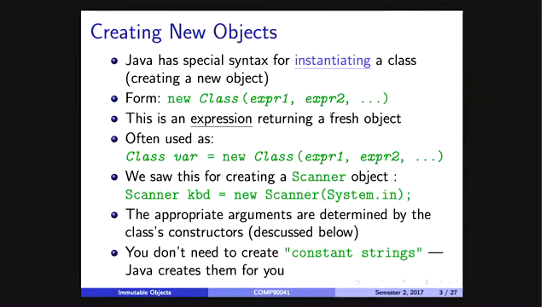Up until now, you've seen this when we said something like Scanner keyboard equals new Scanner(System.in). It only takes one parameter, and in fact there could be no parameters at all. The correct number and types of parameters to supply is determined by the class, in fact by the constructor, which we'll talk about a little later.